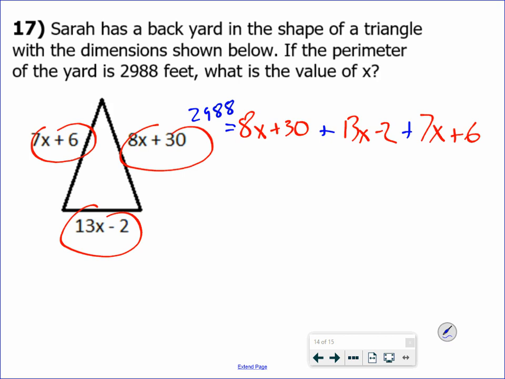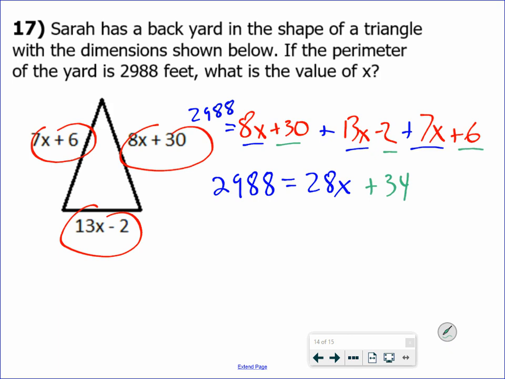2988. So 2988 equals, combine all the x terms, 28x, and combine all the constants, plus 34. Subtract 34 from both sides.